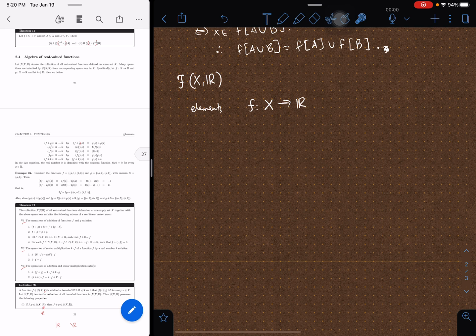So the elements of script F are called real valued functions. This is the set of real valued functions.